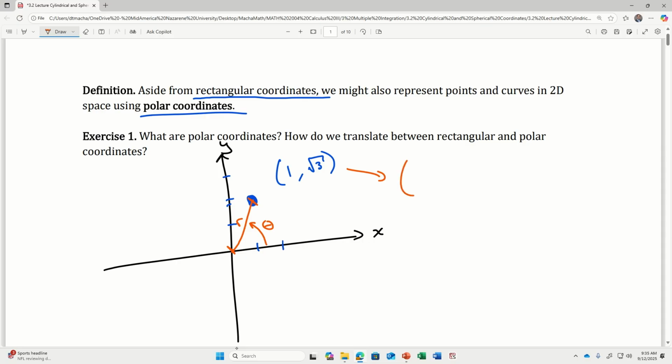And correct me if I'm wrong here, with my special triangles: if the x-coordinate is 1 and the y-coordinate was square root of 3, that means r would be 2, and then theta would be, what's 60 degrees in radians? Yeah, pi over 3.